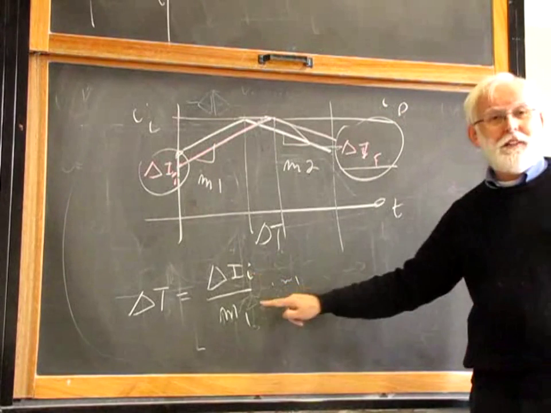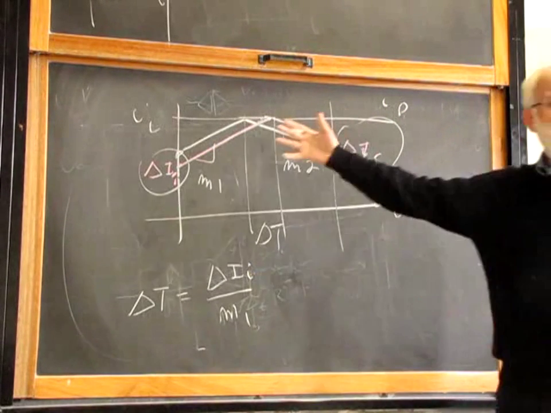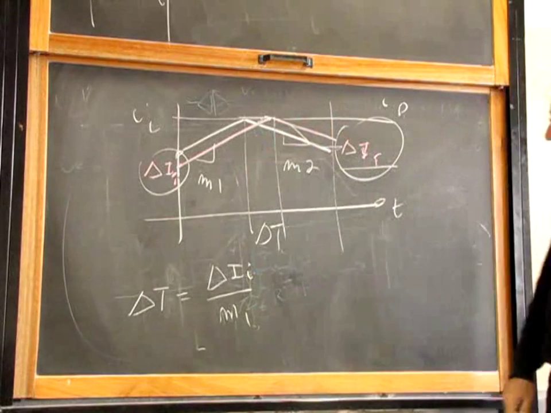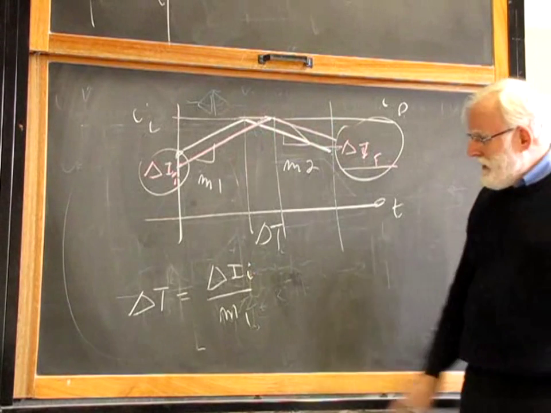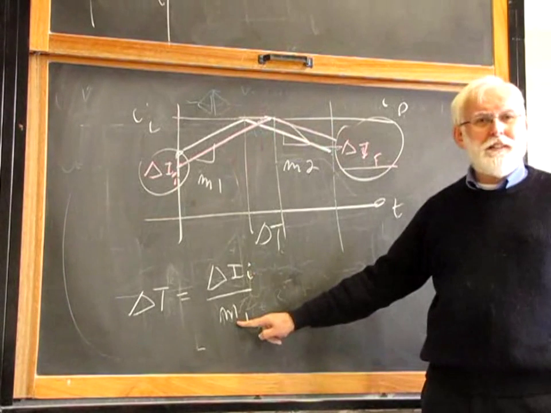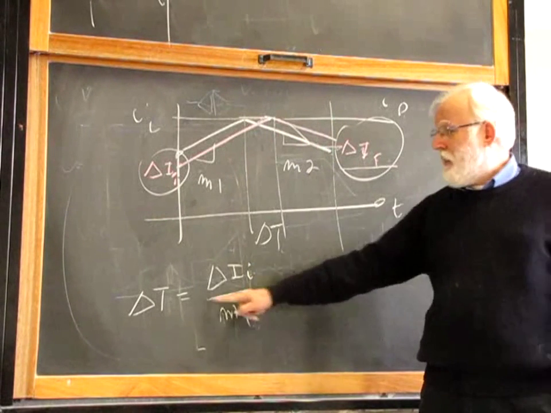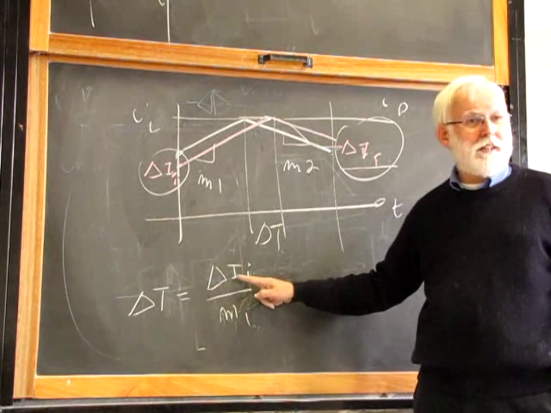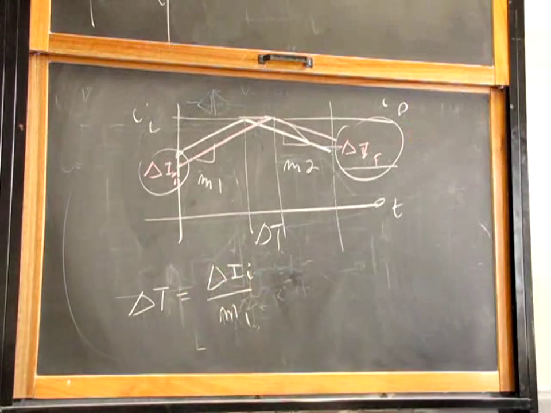If you have a geometrical mind, you can say it immediately. But for me, unable to see geometrical relationships, I remember that M1 is a slope. Those are amps per second, is a current divided by time. So I want a time. I have a current divided by current over time gives me a time. So this is the right solution.